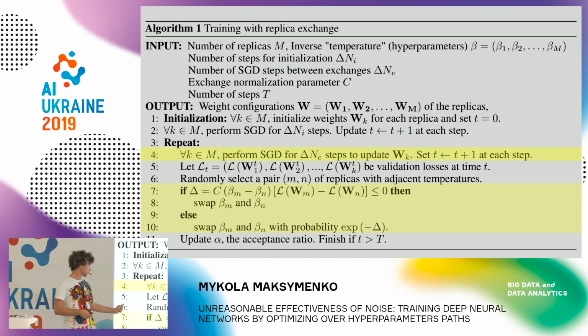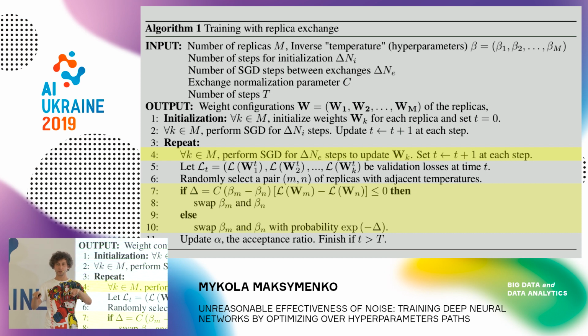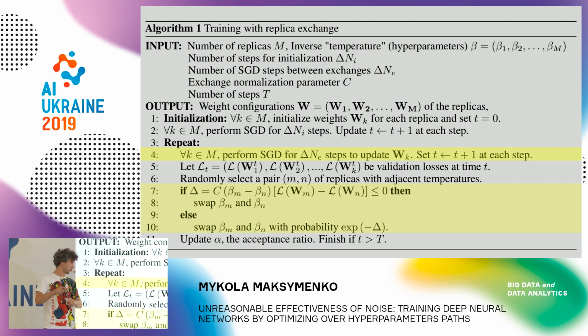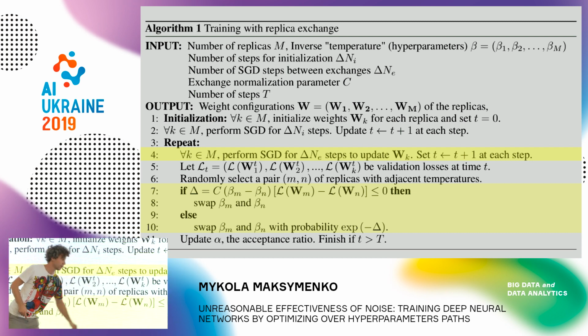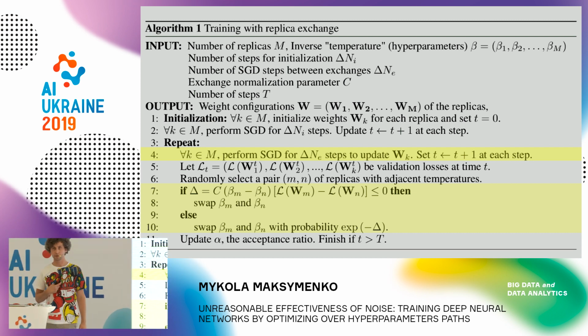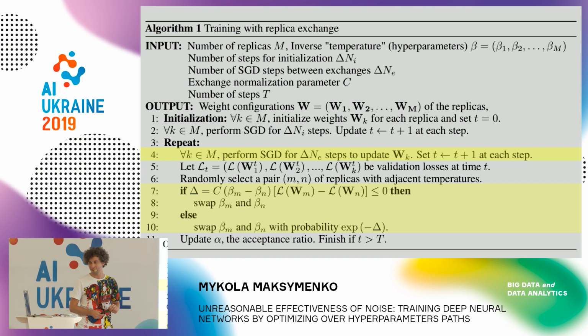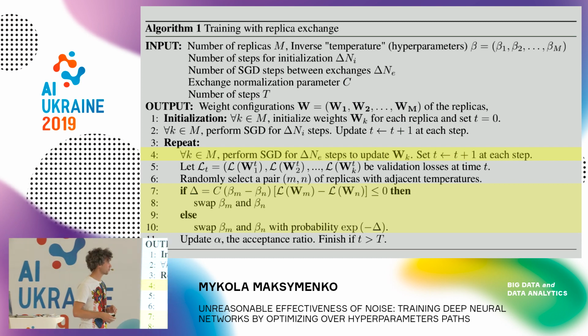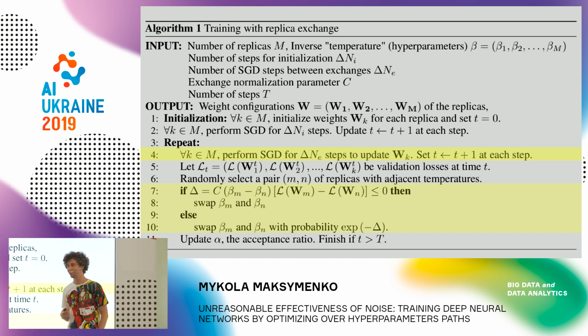If the loss of the network that should be at the higher temperature is higher, we exchange it, or we exchange it with some probability, which is the Boltzmann probability, which comes from statistical physics. You can find more details in the paper. I don't want to overdose you with formulas here because it's the last talk, so it's hard to follow.